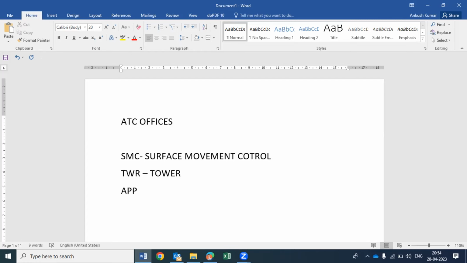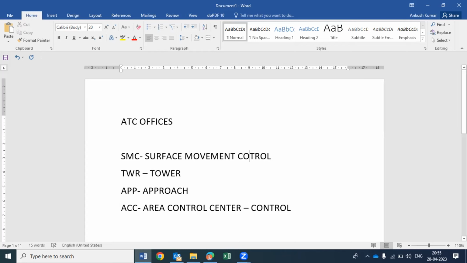Then you can see approach. And you may see area control center, and in short, this is called as control. You may see TMA.